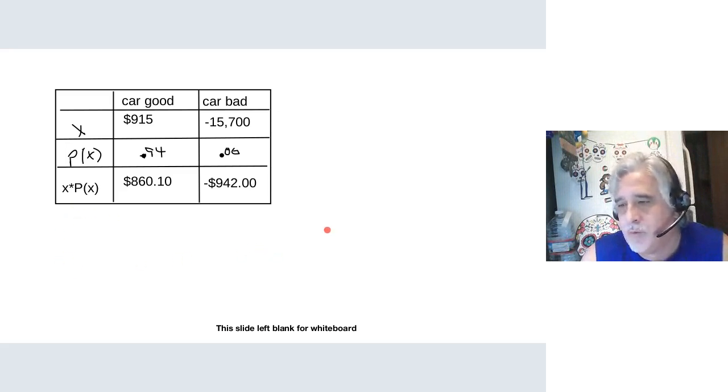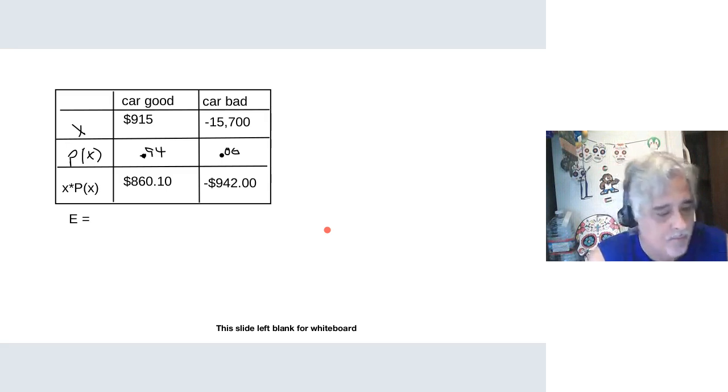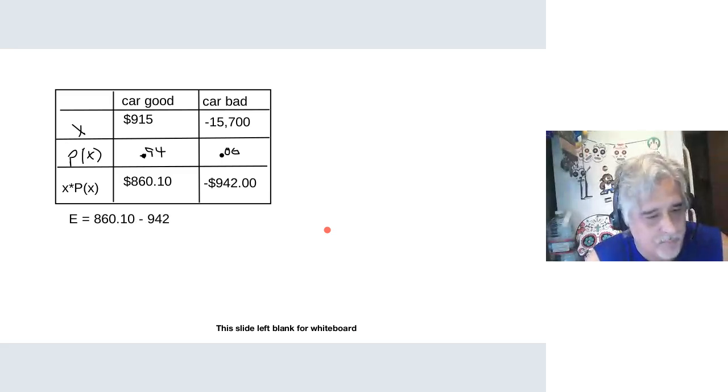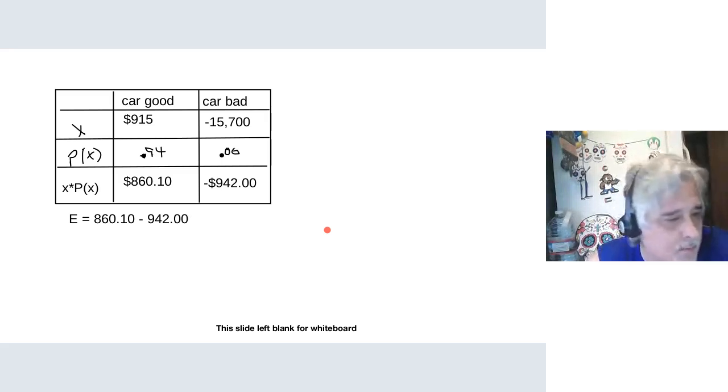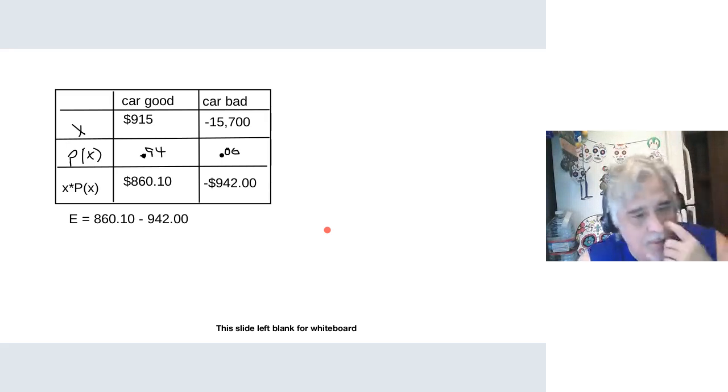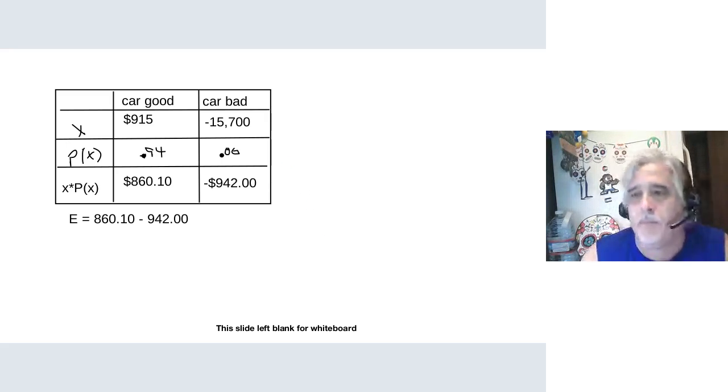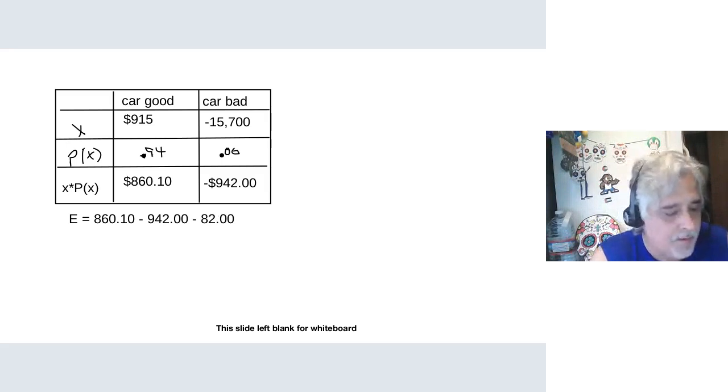it looks like this is going to be a losing situation, because this would be negative $82.